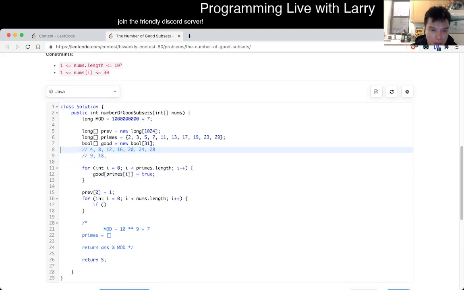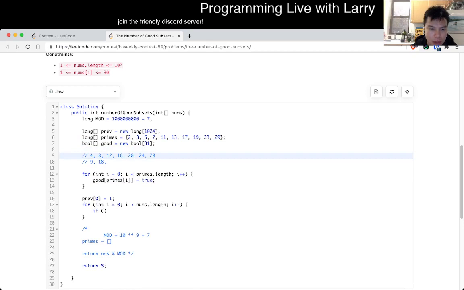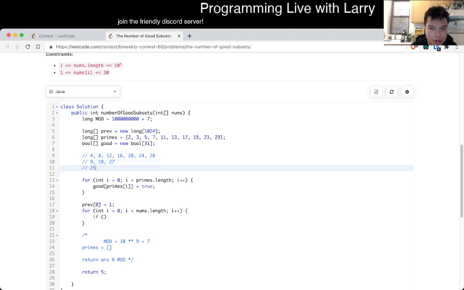Maybe I just do it this way. So I do it manually. Okay, 27 is no good because this is 3 times 3 times 2. And then that's it, right? And then just 25. And then everything else doesn't matter, so I shouldn't write code for this. Just to make sure this one's right though, because I'm going to eat it later if I don't. This is 2 times 2, so okay.